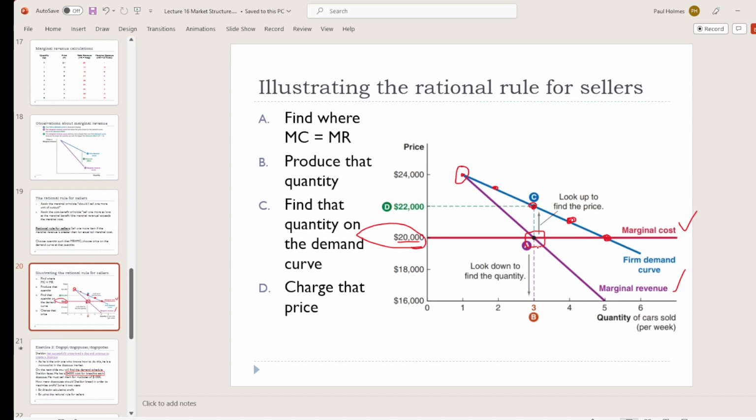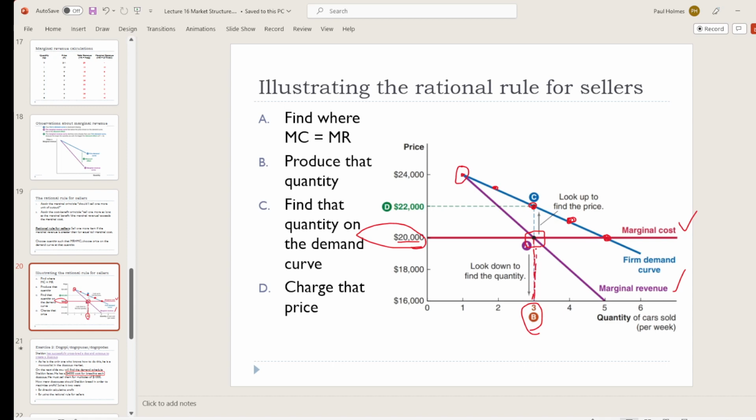So using our assumption from earlier in the semester, if we're just indifferent between selling and not, we will assume that we will sell that unit of output. So we'll sell up until this point where the marginal revenue and marginal cost curves cross. Then we can look down, and that'll tell us the quantity that we're going to look to sell.